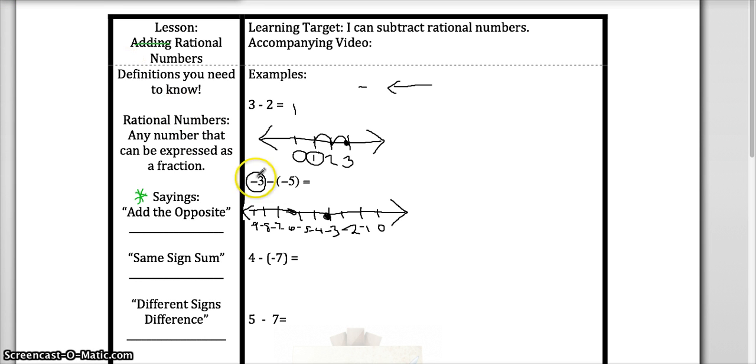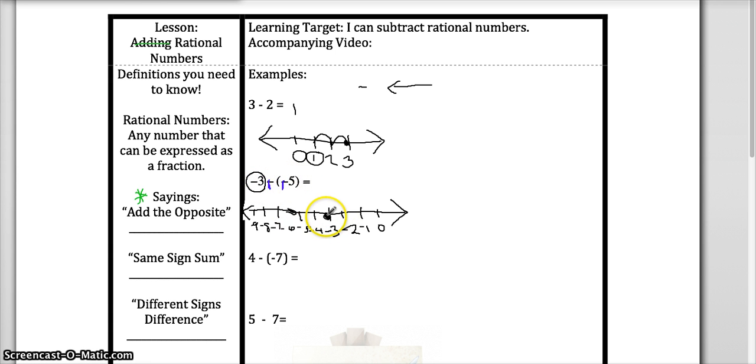I'm going to make add the opposites purple. So when we have add the opposites, it's when you have two negative signs right next to each other like this. And you literally change this one to an addition sign and this one to an addition sign. And when you change them, I always say add the opposite as I write those new lines on there. So now I have -3 plus +5.